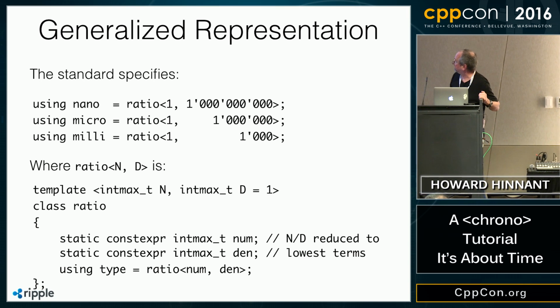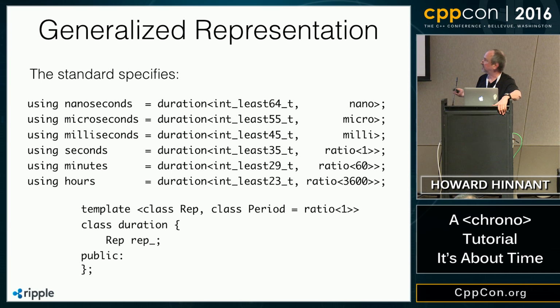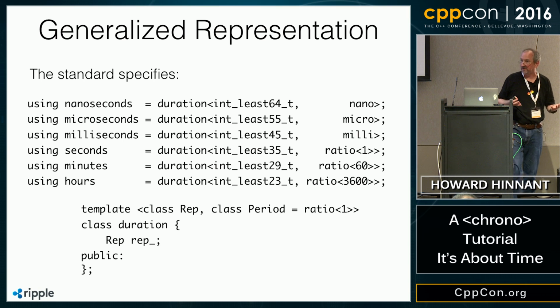So the duration template uses these ratio classes to do these conversions that I've been telling you about. So here's our complete definition of all 6 chrono durations. And it uses these predefined ratios for the first 3 periods. Here I've explicitly put in ratio of 1. This just means 1 second. It's the fraction 1/1.